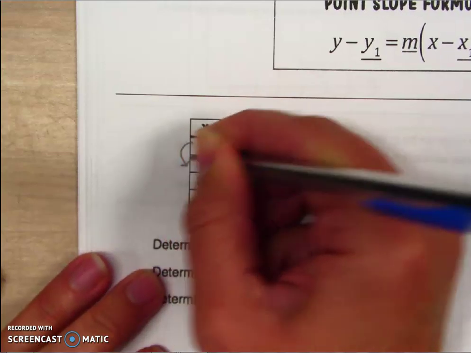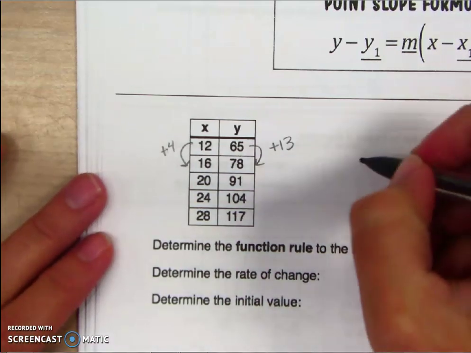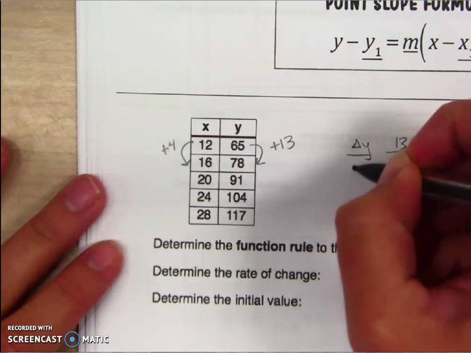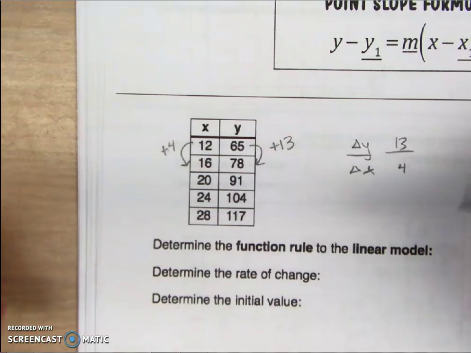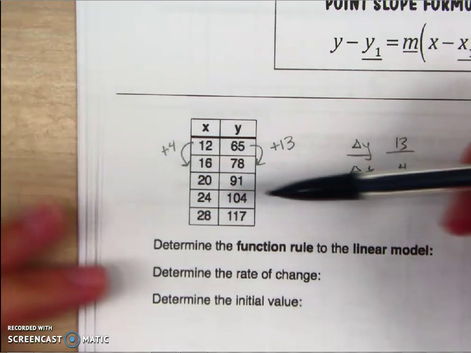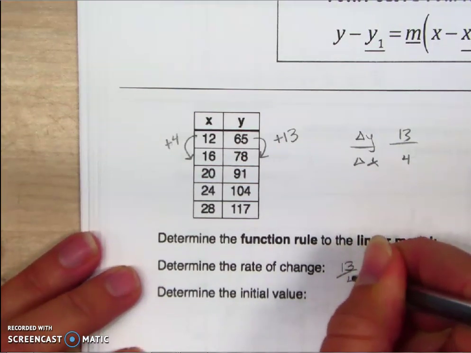From 12 to 16, it added 4. So we can see this rate of change. The change in y is 13, the change in x is 4. So every time it's adding 13 on the y and adding 4 on the x. So that means my rate of change is 13 over 4.